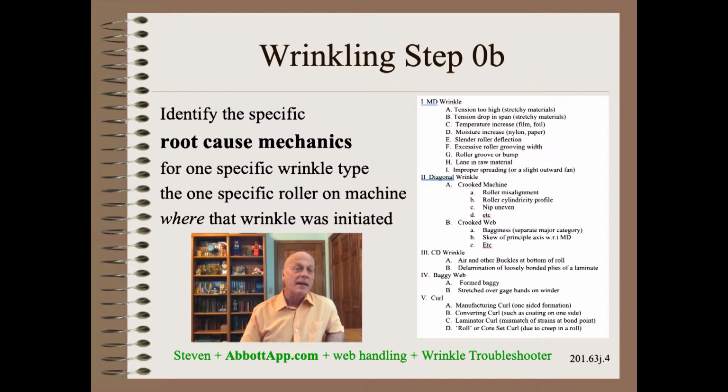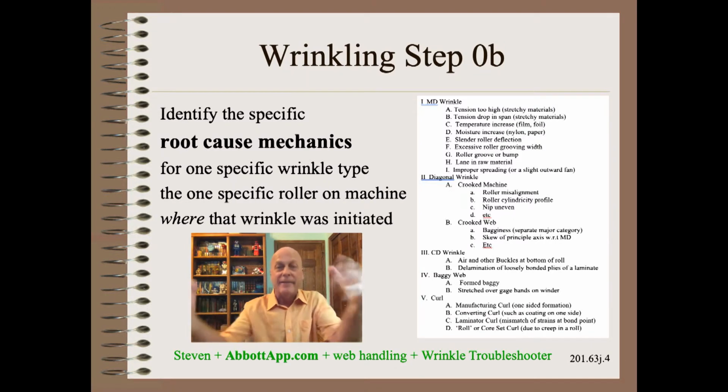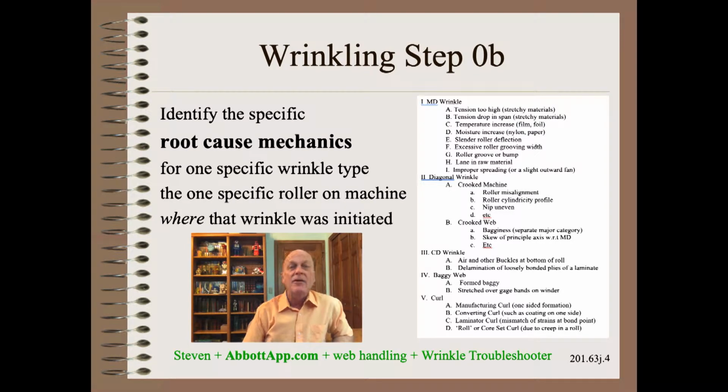Seriously, the next biggest mistake most wrinkle troubleshooters make is to lump all wrinkles together, even though there may be distinctly different types, even on one machine. And each would have their own separate cause and separate remedy lists.